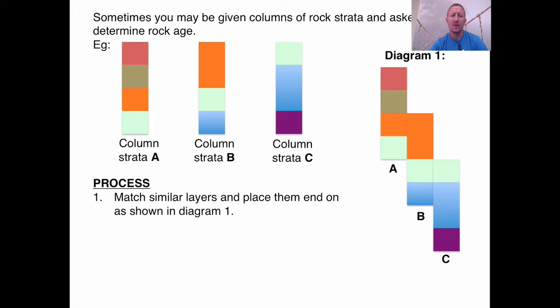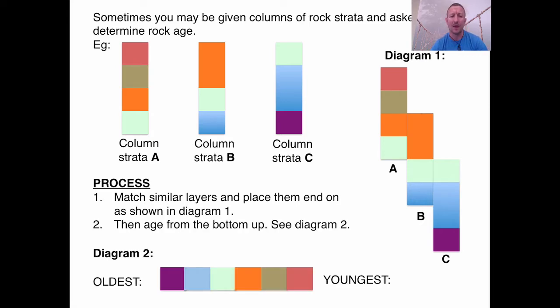The order for our rocks in this case is purple first as the oldest, followed by blue, followed by green, followed by orange, followed by the brownie colour, and then the pinky colour, I suppose, being the youngest. That top layer in strata A is the youngest.